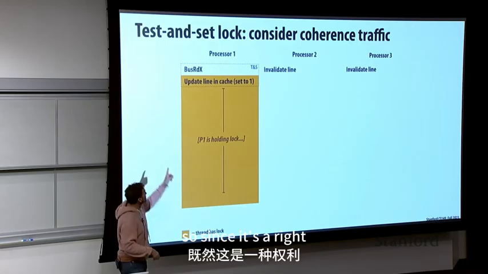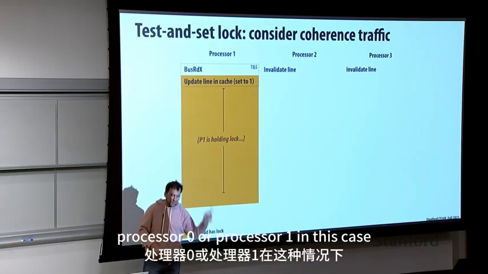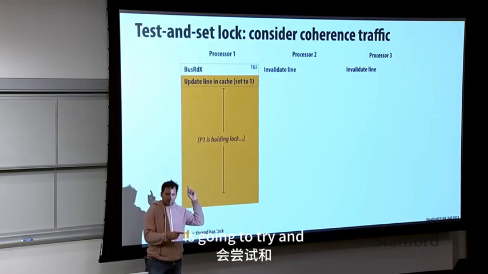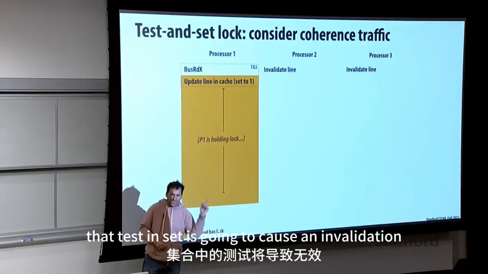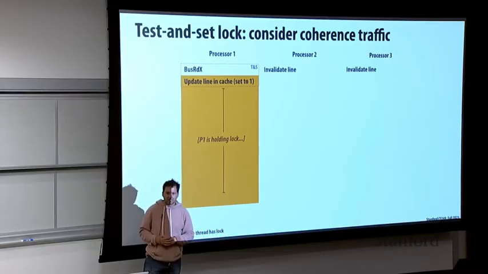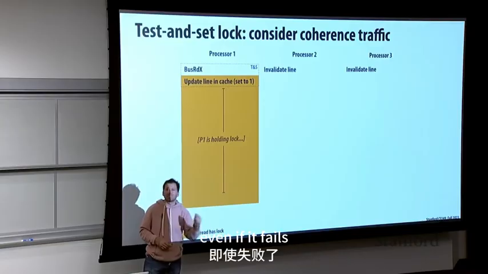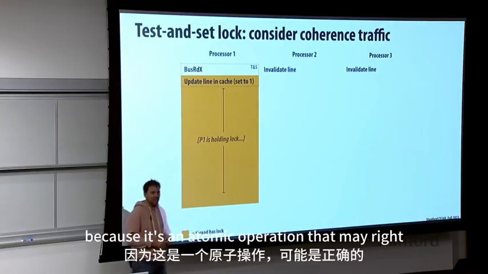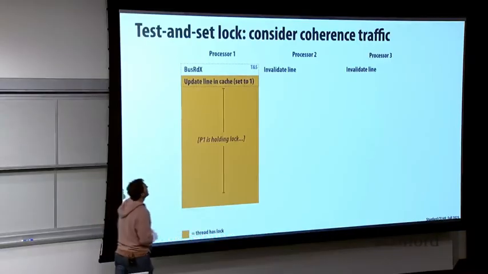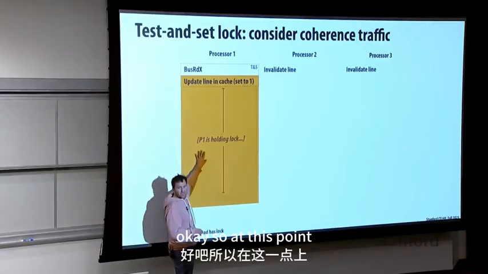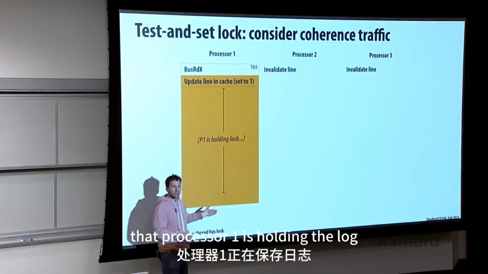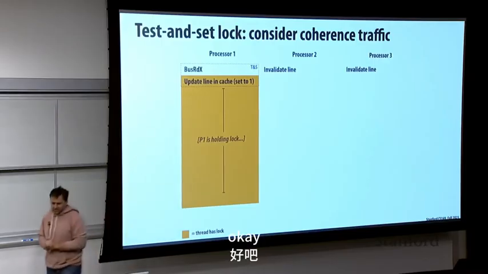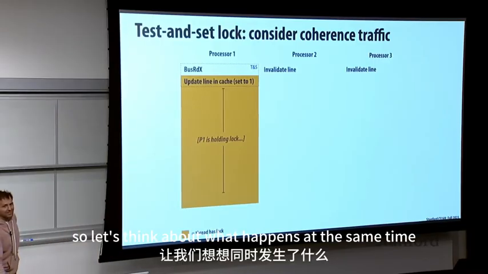So since it's a write, processor 1 is going to try and execute its test and set. That test and set is going to cause an invalidation, because that's a write operation. Even if it fails, it's a write, because it's an atomic operation that may write. At this point, if that test and set succeeds, I think you would agree with me that processor 1 is holding the lock. So let's think about what happens next.